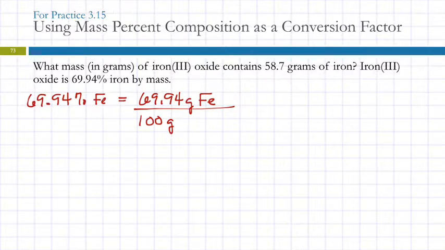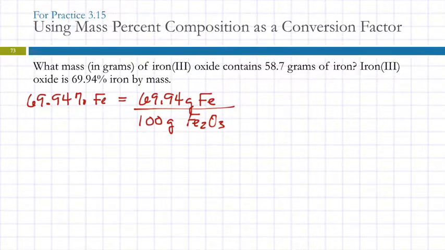You can do this problem without using the chemical formula for iron 3 oxide. I don't want to write out iron 3 oxide, so I'm going to write the formula. It's Fe2O3. This is a conversion factor. They're asking us for the mass in grams of the iron oxide.